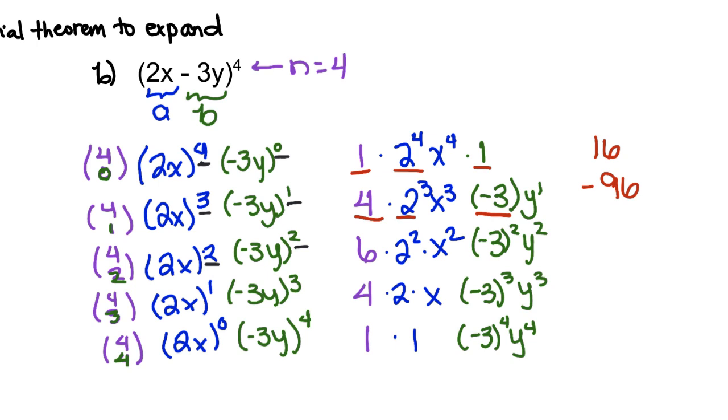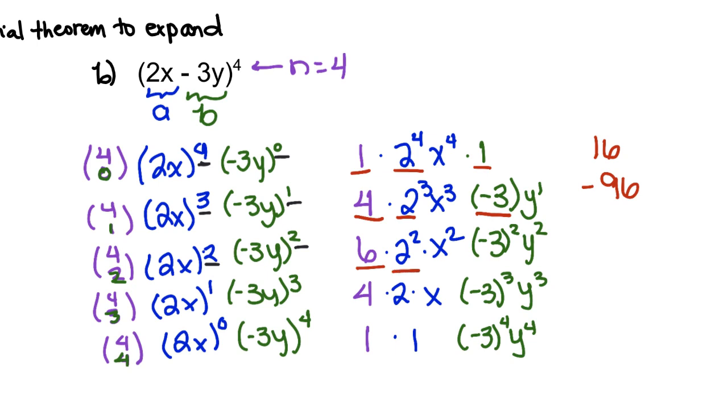Then I can do this again, but change those exponents and the 4. So the 4 turns into a 6 for my next piece. And then I'm doing 2 squared and negative 3 squared. So then I can make the calculator do as much or as little as I need it to. Okay. So then that's the next coefficient.